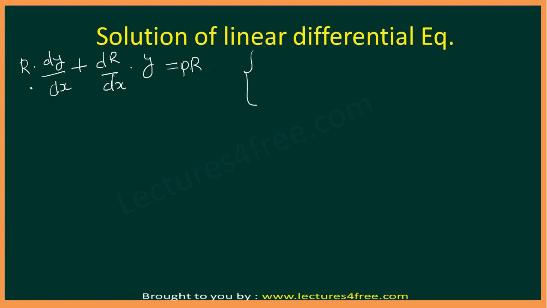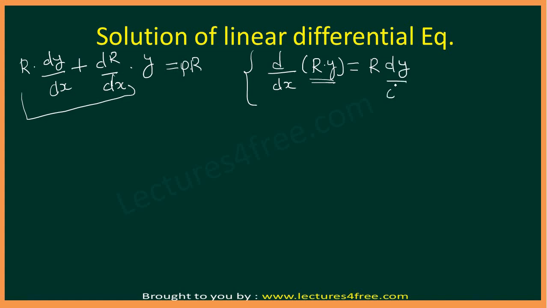Here, if you look at the left hand side, it is basically the differentiation of R multiplied by Y. If you know the product rule of differentiation, apply it here: first function R, differentiation of the second function gives R into dy by dx, plus the second function y, and differentiation of the first function gives dR upon dx.